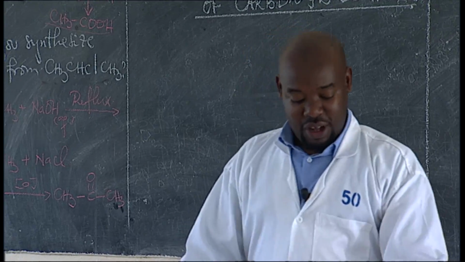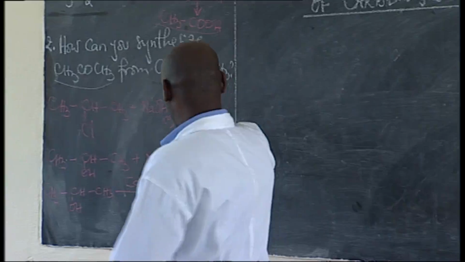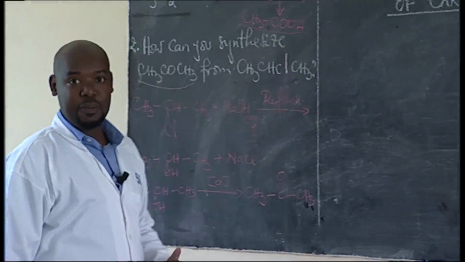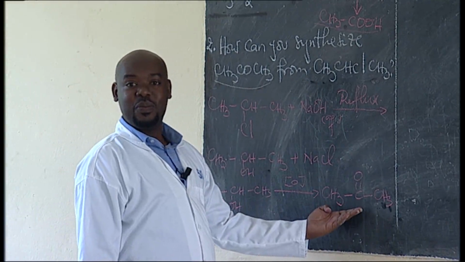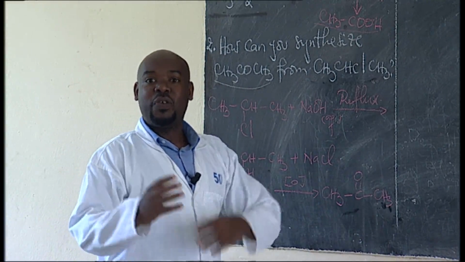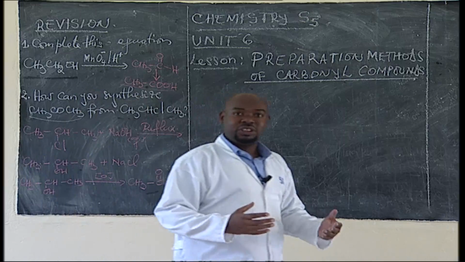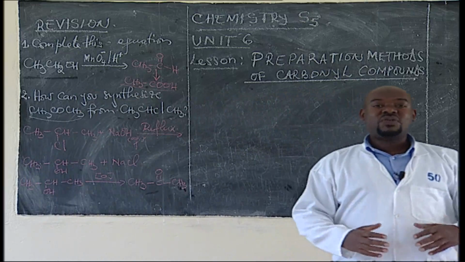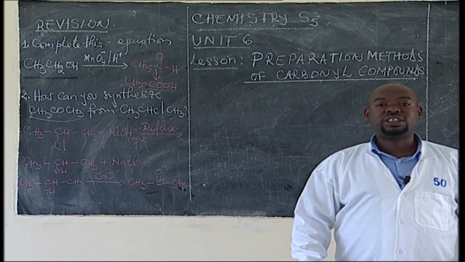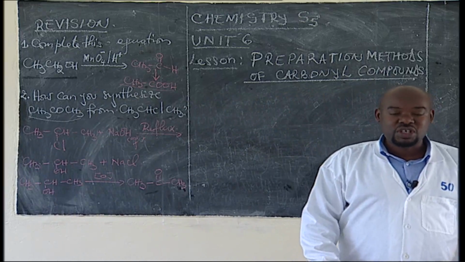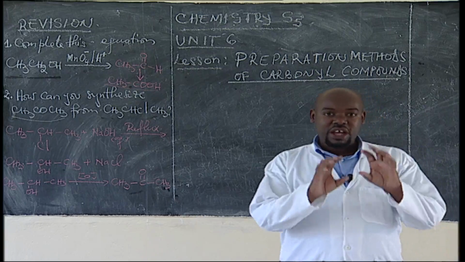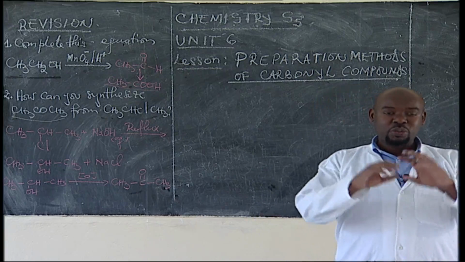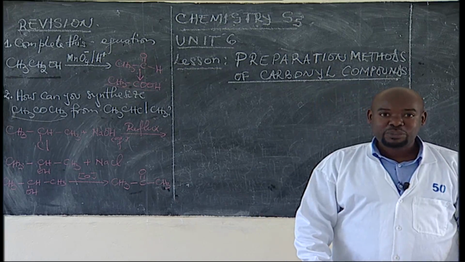And how is this connected to today's topic? You can see here we have prepared a ketone. So from the previous lessons, we have seen so many reactions which can be used to prepare ketones and aldehydes. And those are the reactions we are going to be discussing today.